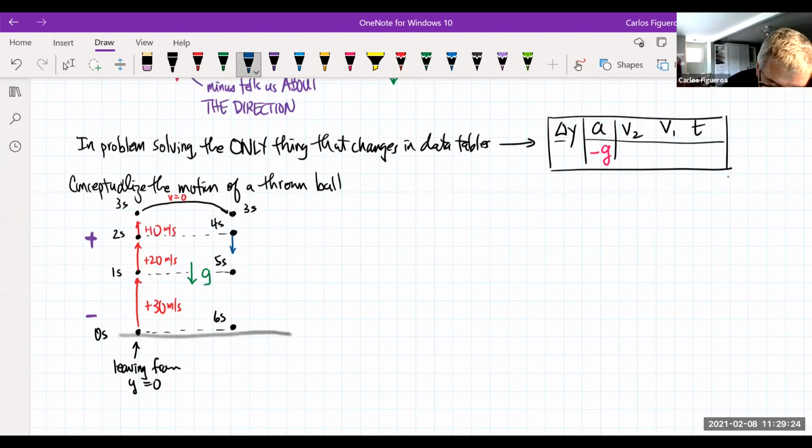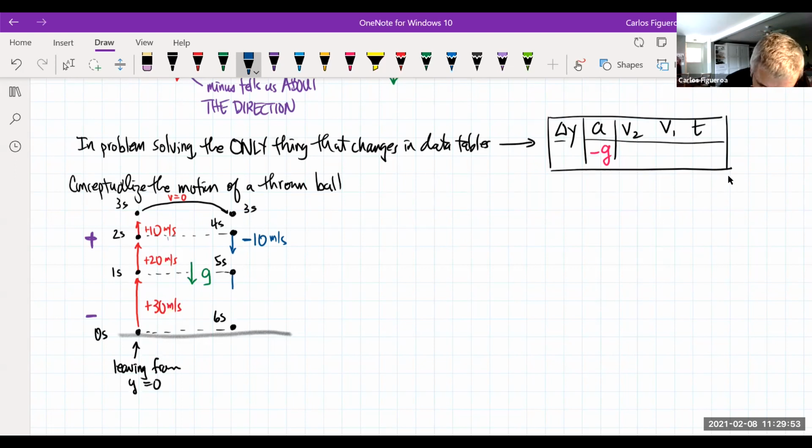And so what you're seeing here is that this is 10 meters per second, but remember the direction. How do I tell the speed of 10 meters per second when it's going up or down? I can't. Speed doesn't have direction. How do I tell the difference in velocity? By my sign. From 3 to 4 seconds, it's now moving 10.